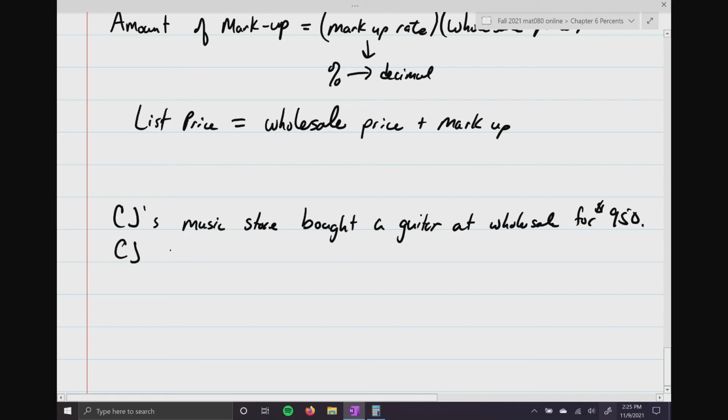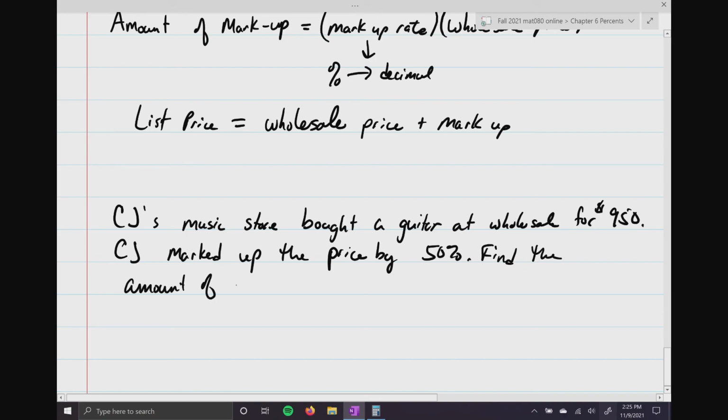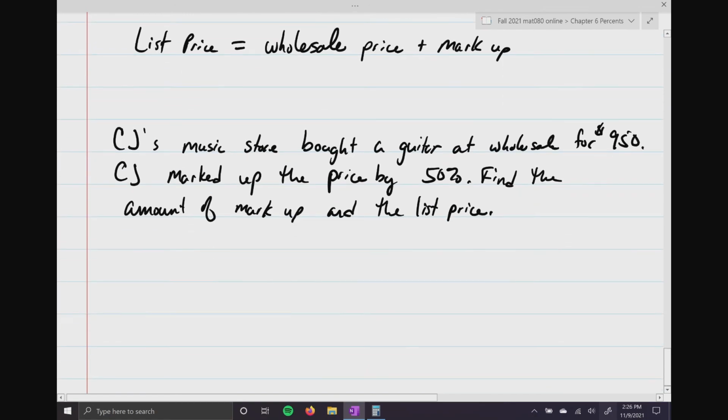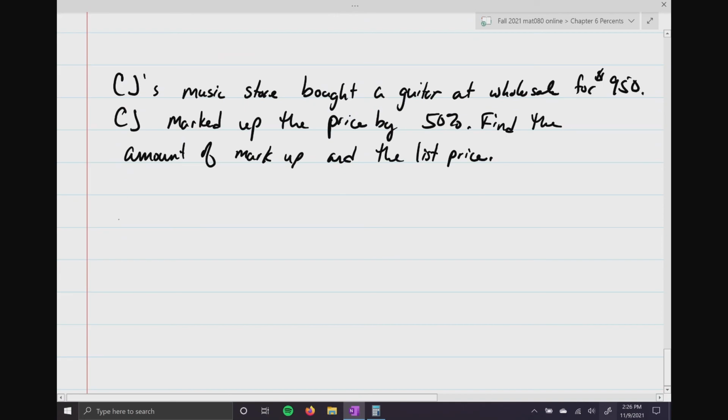CJ marked up the price by 50%. Find the amount of markup and the list price. Okay? So first thing, we're going to do the amount of markup.